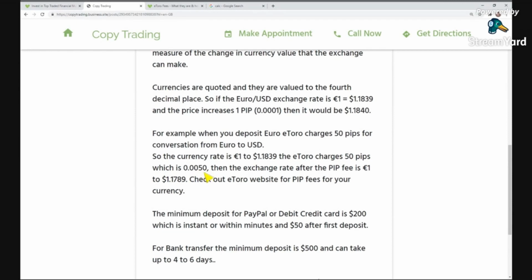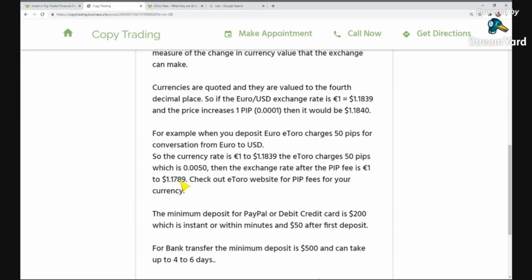Okay, so then the exchange rate after the pip fee is €1 minus 50 pips of the original value, which will give you 1.1789.